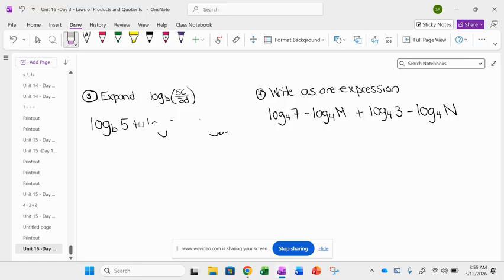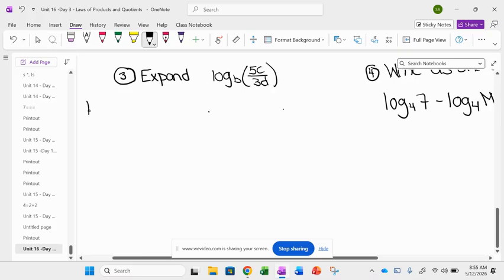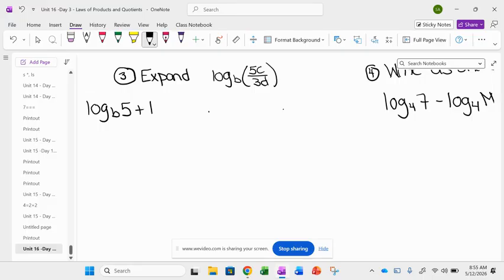What Charlie said was log base b of 5 plus log base b of c minus log base b of 3 minus log base b of d.